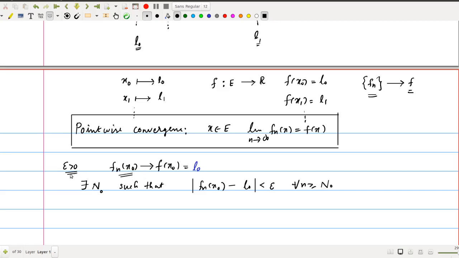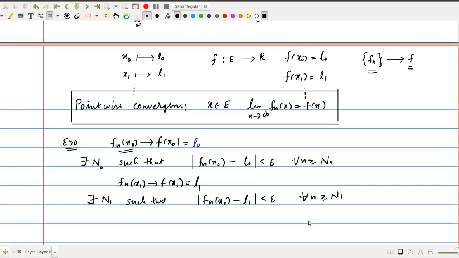If we set the same epsilon here, then for the sequence fn of x1, which converges to f of x1, equal to L1 by our assumption, there exists some other stage, because this is an entirely different sequence from fn of x0. So there exists another stage n1 such that modulus of fn of x1 minus L1 is less than the same epsilon for all n greater than or equal to n1.